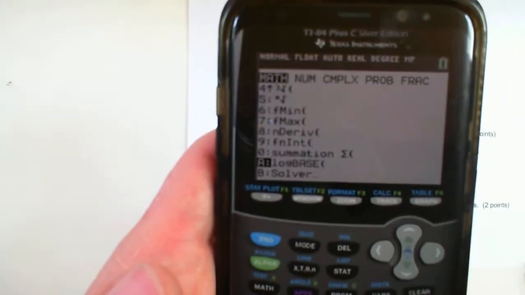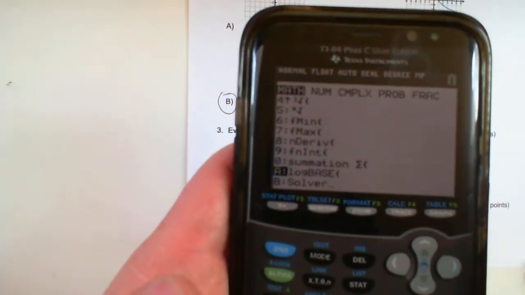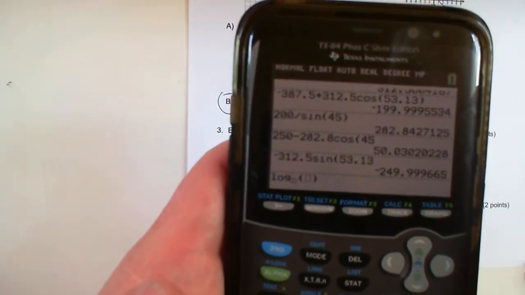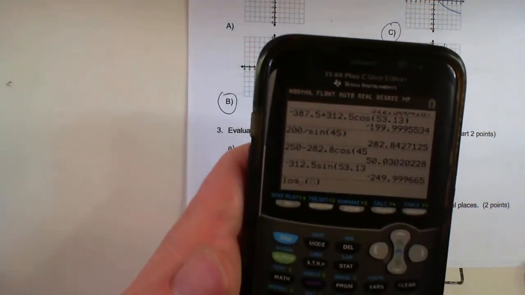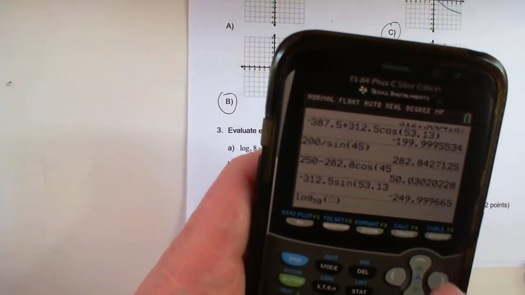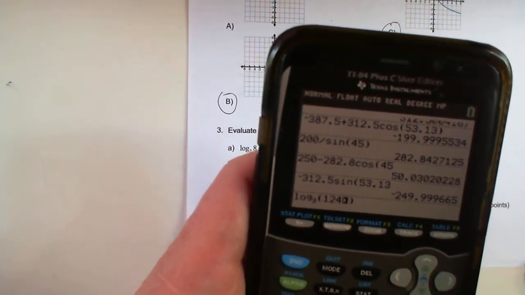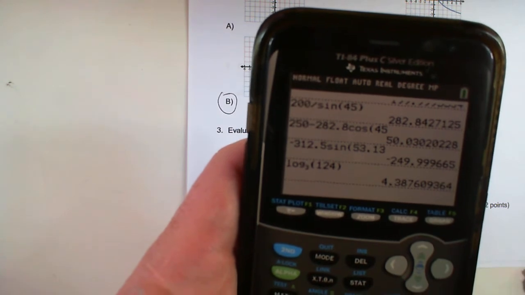You can hit the math button and then go to log base, which is A. Now we can just put in the base that we've got, base 3, and then 124 goes there, and we get 4.388.